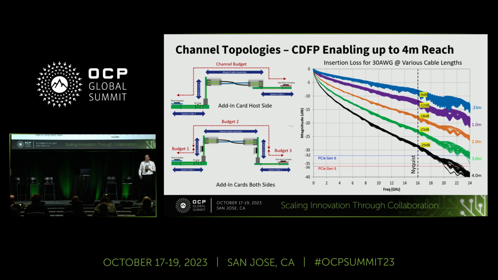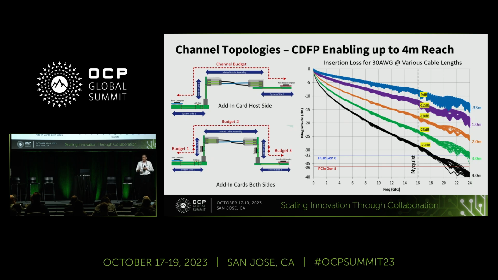In the upper left is a graphic of what I just described, where you have a channel from chip to chip, in this case a root complex to a non-root complex. We have a host board, we may have an add-in card with a connector, the cable and connectors, as well as the device side. All of that has to pass the budget. And so that's really where the conservative nature, I think, of the PCIe spec comes from.